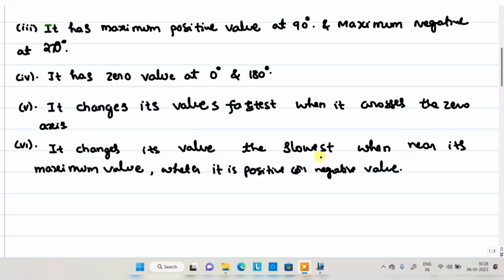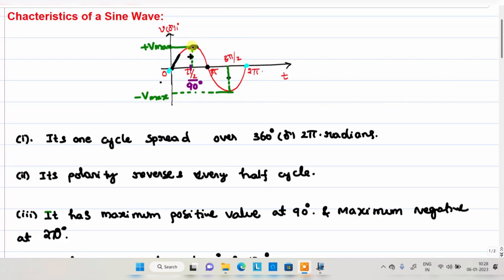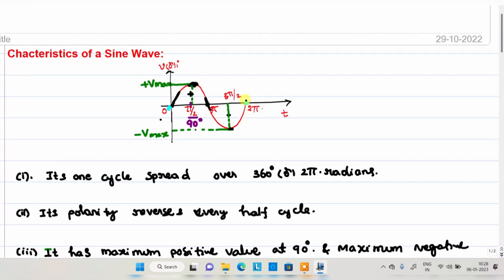It changes the value slowest when it is near the maximum, either positive or negative. Here two cases: whenever it is at a positive or negative maximum, the changes will be very slow. Whenever it crosses zero, it changes very fast. That is another characteristic. So I hope everyone is clear about the characteristics of sine wave, right?